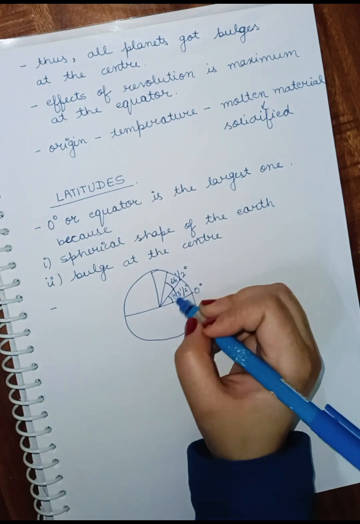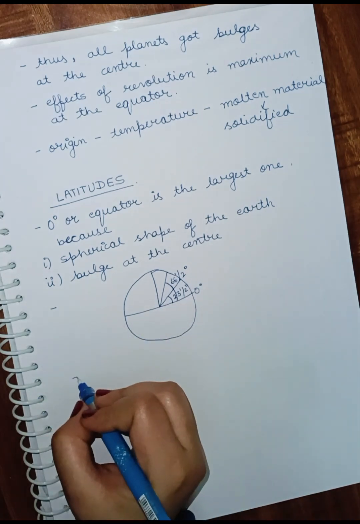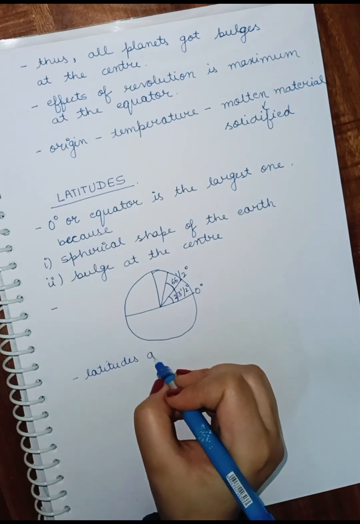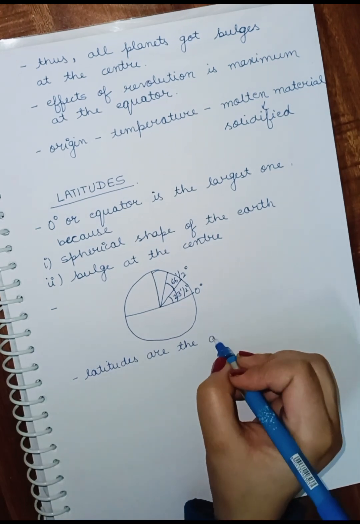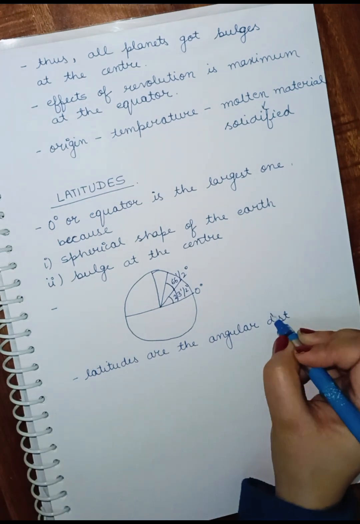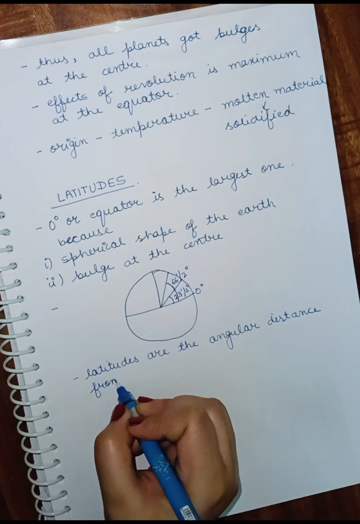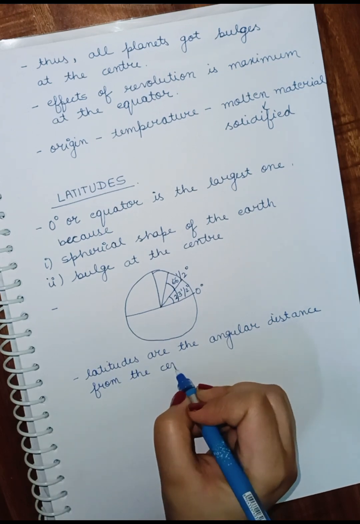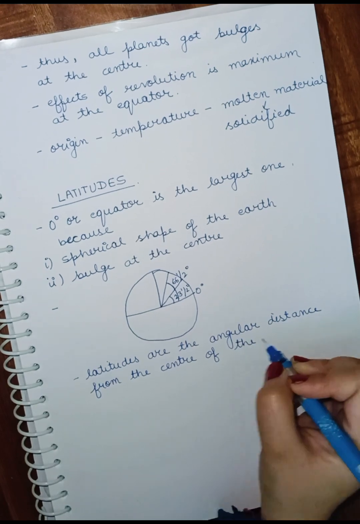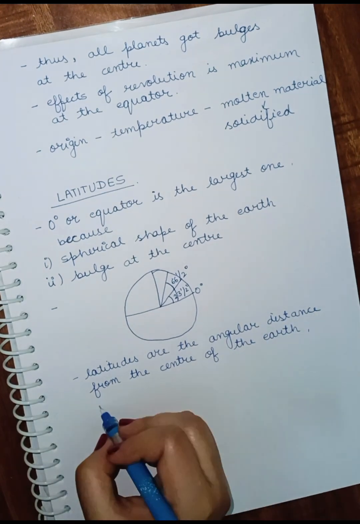So they are in angle shape. Latitudes are the angular distance from the center of the Earth, keeping equator as base.